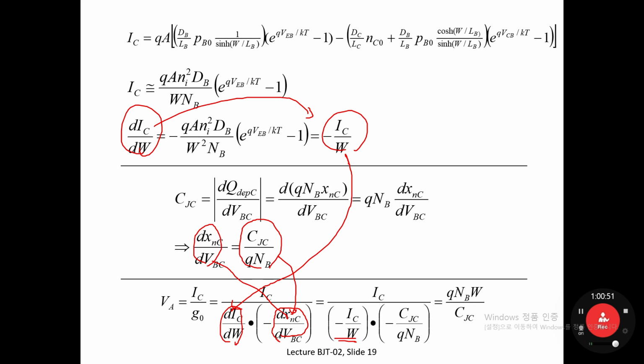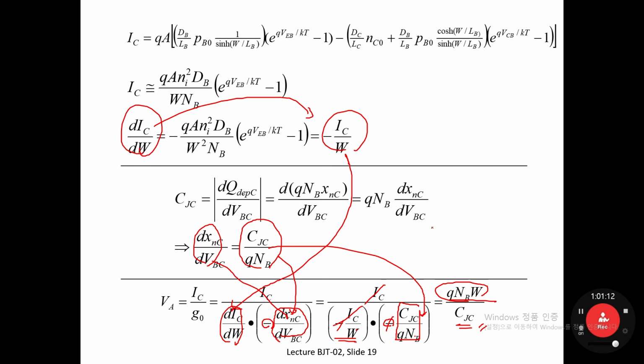So plug in here, don't forget this minus sign. Now the minus minus cancels out, and I_C cancels out, leaving W, Q, N_B divided by junction capacitance.